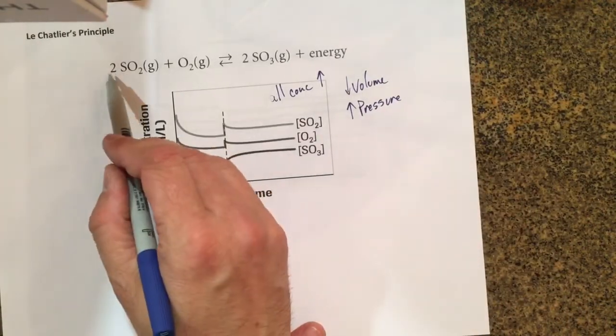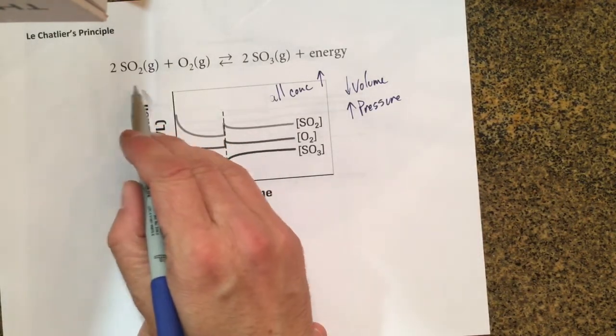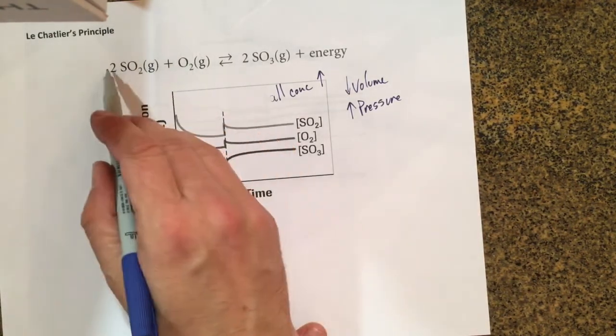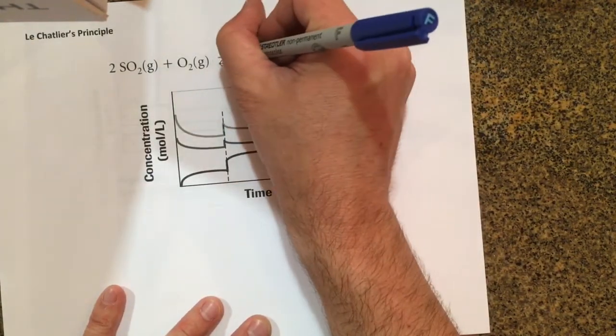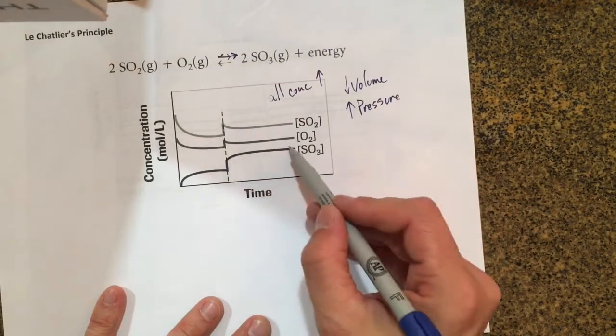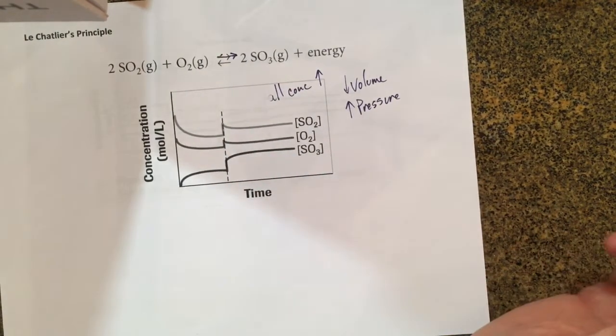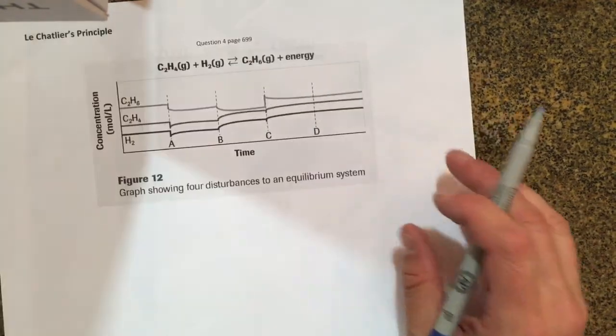And in this case, because we've decreased the volume, it's going to favor the side with fewer particles. So we're going to see that more sulfur trioxide is being made, and these are being used up to re-establish equilibrium. Kc will be the exact same for this.